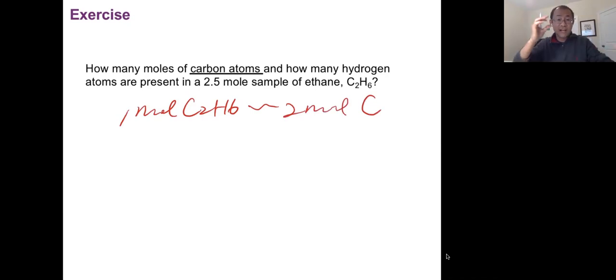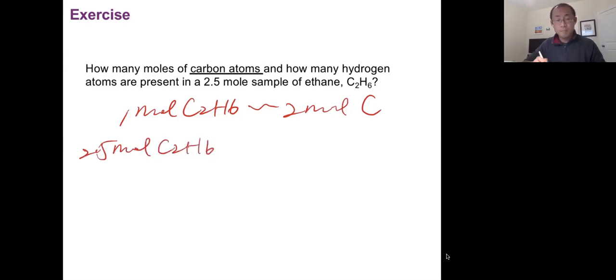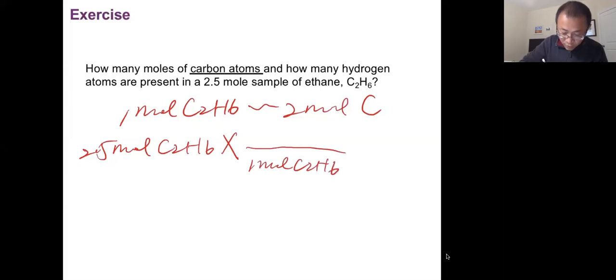So we have an equivalence now. If I have an equivalence, I can make 2 conversion factors. Then let's start with the given, 2.5 moles of C2H6. Multiply again, guys. I always start with the one I'm given and multiply something. What do I multiply with? I multiply 1 mole C2H6, 2 moles of carbon.